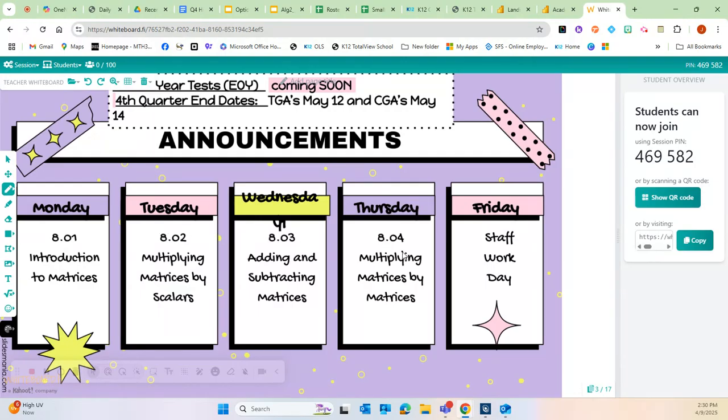Then Wednesday's lesson will be on multiplying matrices, which is probably one of the most difficult things we'll do in this unit. Not that it's the worst thing in the whole world. Friday is a staff work day, and there will be no students or classes taught on Friday. So all your classes should be canceled on Friday.